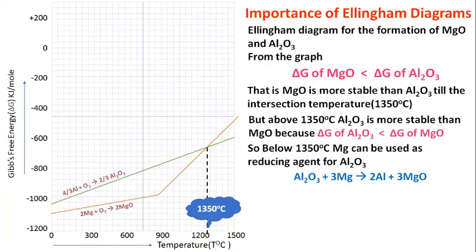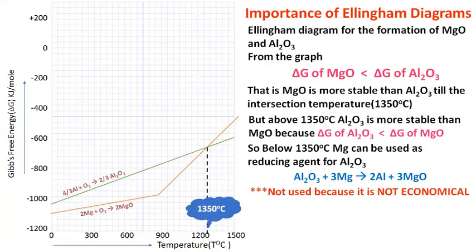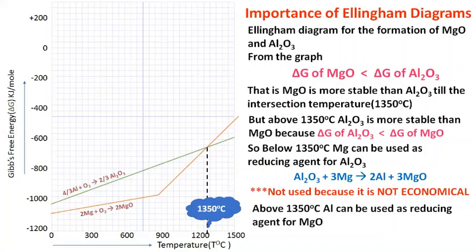But this process is not used because it is not economical. Above 1350 degrees centigrade, aluminum can be used as a reducing agent for magnesium oxide. Why? Because Al2O3 is more stable than MgO. So magnesium oxide can be reduced by using aluminum metal to produce magnesium metal.